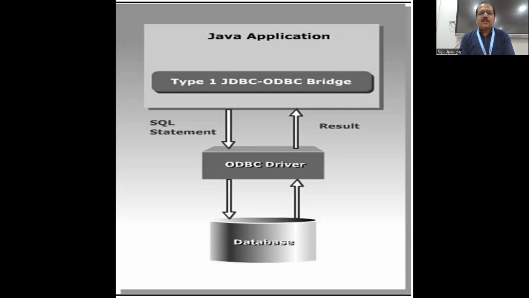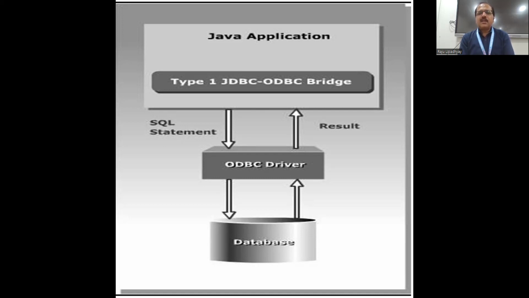So let's start with the first driver, called the JDBC ODBC bridge driver. As I mentioned, it is called the type 1 driver. It converts the JDBC method call, which is given by the Java application, into an ODBC function call.